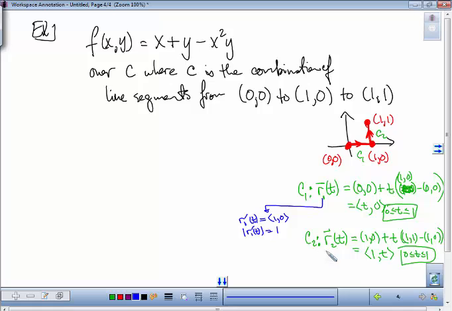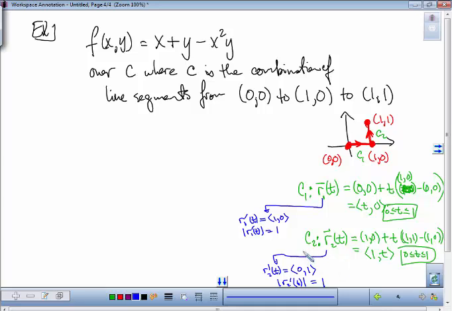And similarly for R2, the direction vector here is 0, 1, which also has a magnitude of 1. Now, in these three examples that we're working on, the magnitude turned out to be constants, but that's not always going to be the case, just so you know.